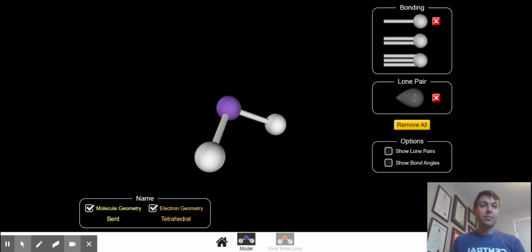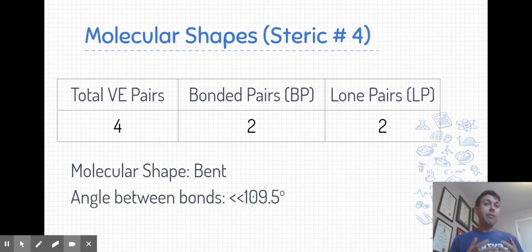bonded pairs. If we have 4 pairs of electrons about the central atom, but now 2 of them are lone pairs, this is an example like water, the molecular shape is referred to as bent, or sometimes referred to as linear bent.